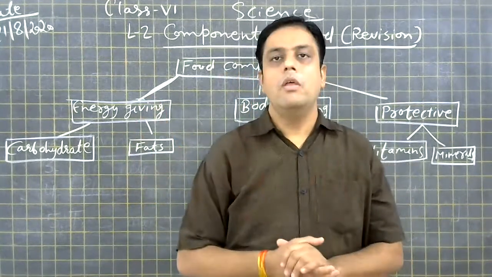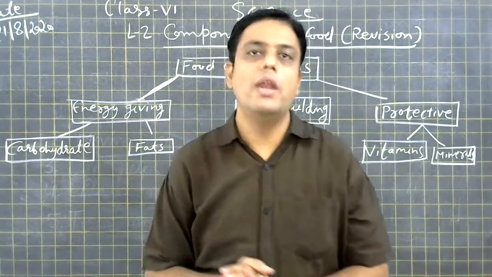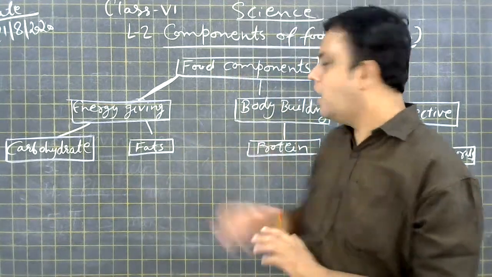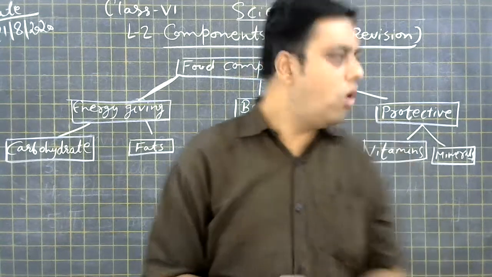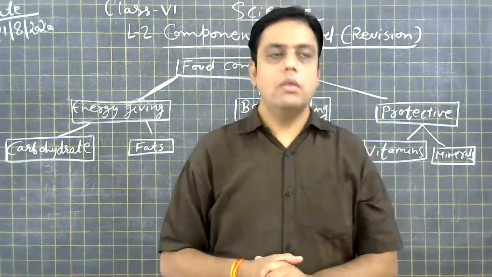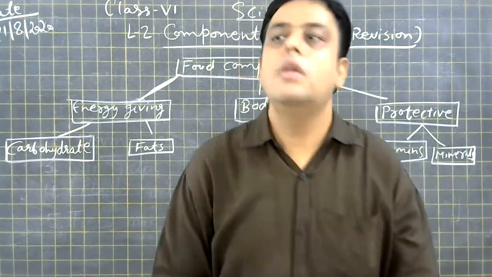According to the name, those nutrients give our body energy, those are called energy giving. The body building nutrients are needed for our growth, and protective nutrients are necessary to protect us from diseases.